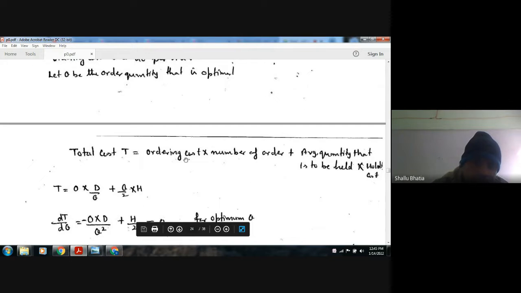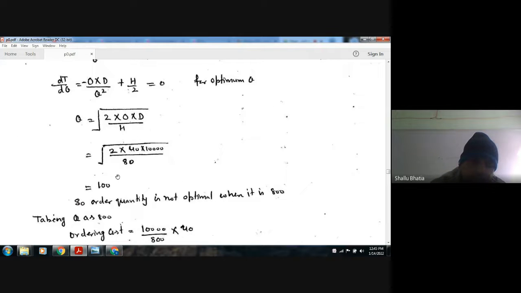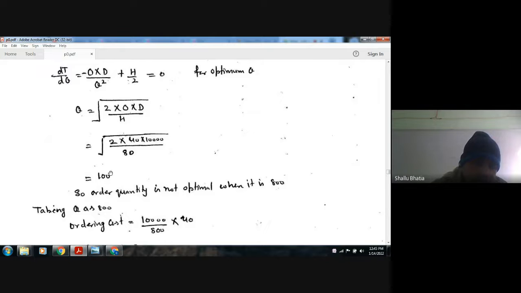And the average number of units held per year is Q by 2, and H is the holding cost. So if we want to minimize that cost, we differentiate the cost with respect to Q, put it equal to 0, and find the Q. So Q is 100.